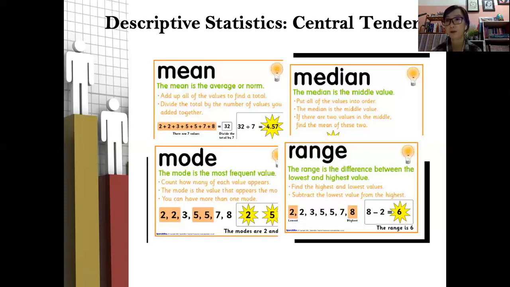Just different language. But here we have another one, range. Well, range is a little bit in between.